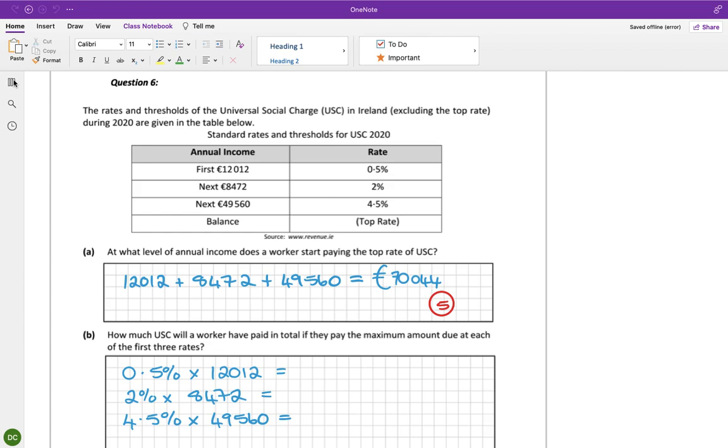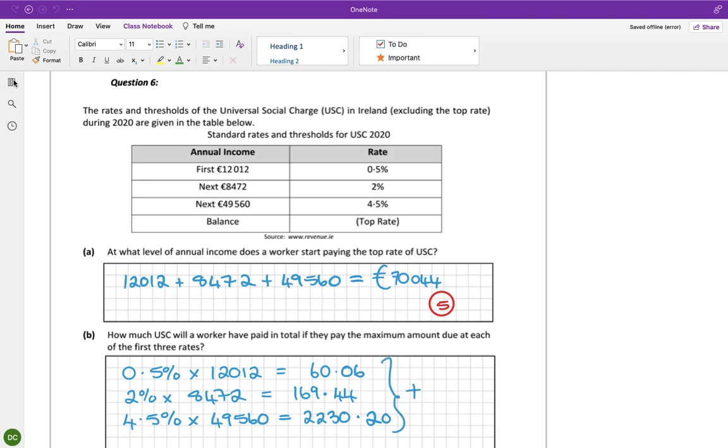So the first one is €60.06. 8,472 multiplied by 2% is 169.44, and 49,560 multiplied by 4.5% is 2230.20. And then to get the USC, I just add them.